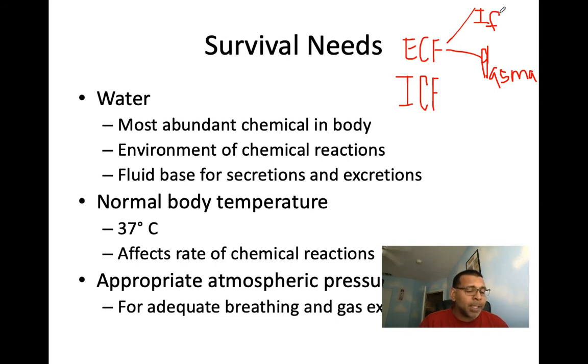Breathing and gas exchange in the lungs all depend on an appropriate atmospheric pressure. At high altitudes, atmospheric pressure is lower, and this causes the air to be thinner, and gas exchange is insufficient to support cellular metabolism.